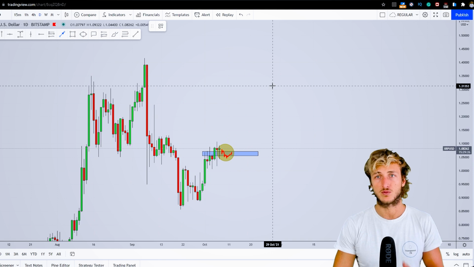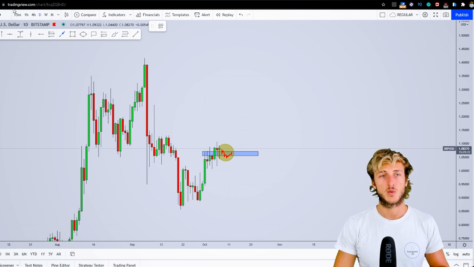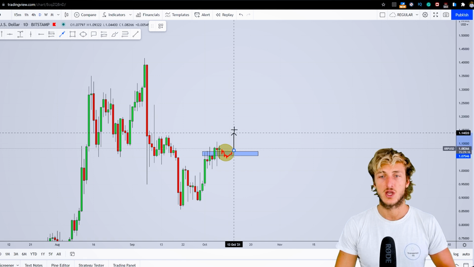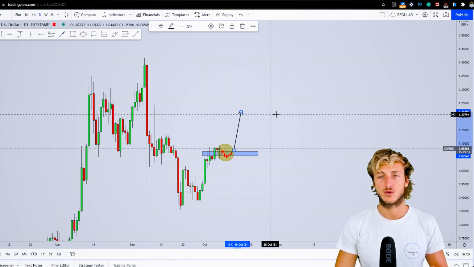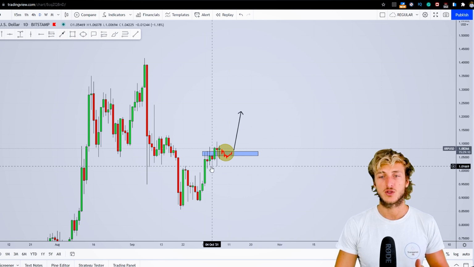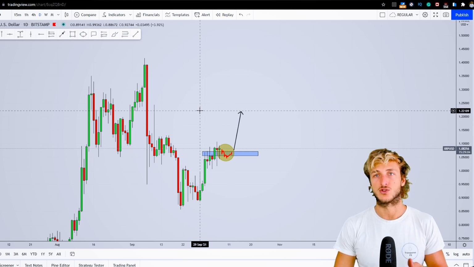Only if the market shifts from intraday bearish to intraday bullish, only at that point will we be adding XRP USD to our watch list, and as soon as the market provides one of our valid entries, we will be taking a nice long with a good risk to reward and good probabilities for the move to the upside, for the market to complete this impulse, correction, and impulse pattern to the upside, and for the market to create a potential higher high.